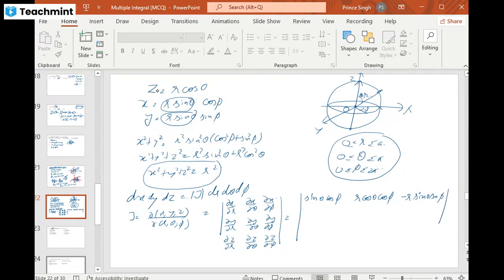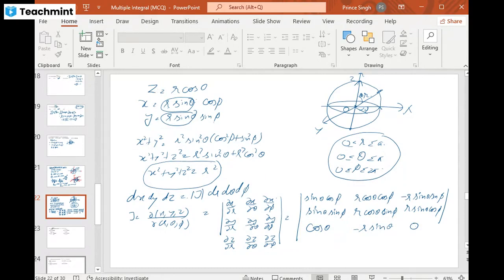Similarly, derivative of y with respect to r is sine theta sine phi, with respect to theta is r cos theta sine phi, with respect to phi is r sine theta cos phi. And z with respect to r is cos theta, z with respect to theta is minus r sine theta, and z with respect to phi is 0.